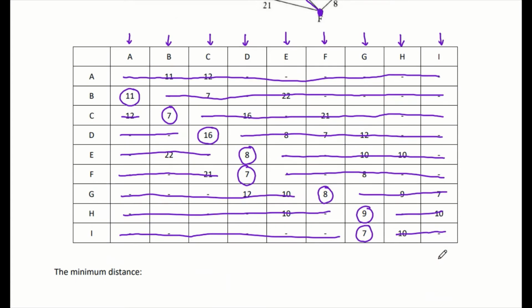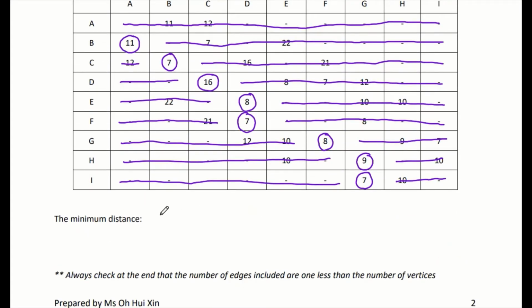All right, so that's the idea. So what is the minimum distance that you will be having here? It will be 11 plus 7 plus 16 plus 8 plus 7 plus 8 plus 9 plus 7. When you are trying to calculate the number, remember A, B, C, D, E, F, G, H, I, so there are a total of 9 vertices.